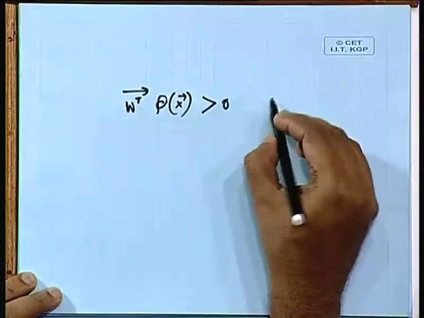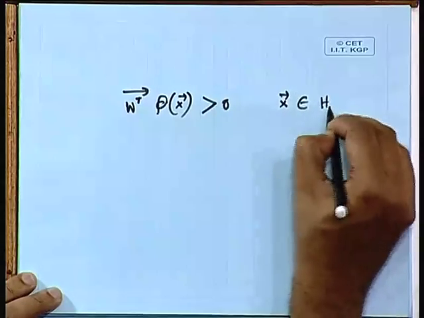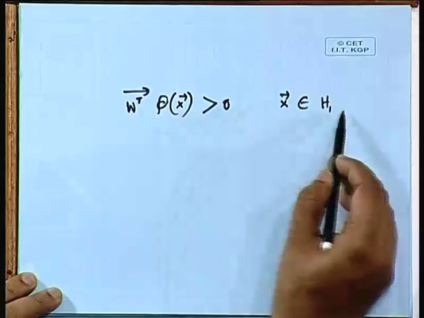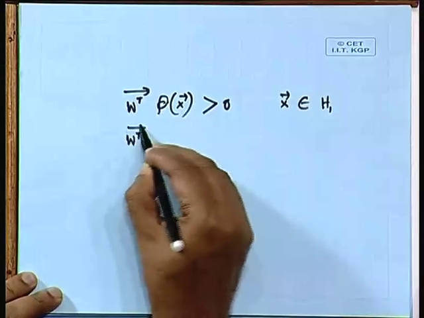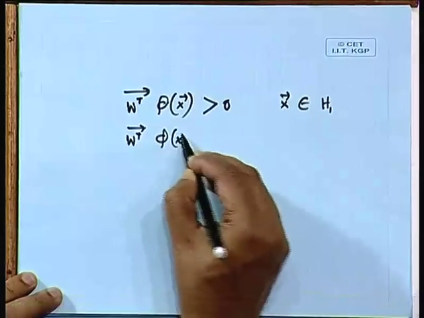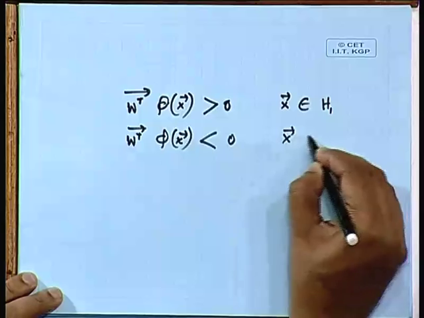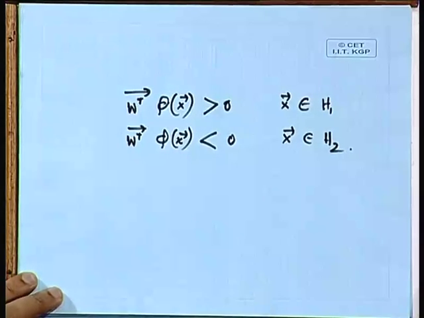If that is the case, then we can say that x belongs to one of the classes, let us say H1. If this is greater than 0, then x belongs to H1, and if W transpose phi x is less than 0, the vector x belongs to the class H2.